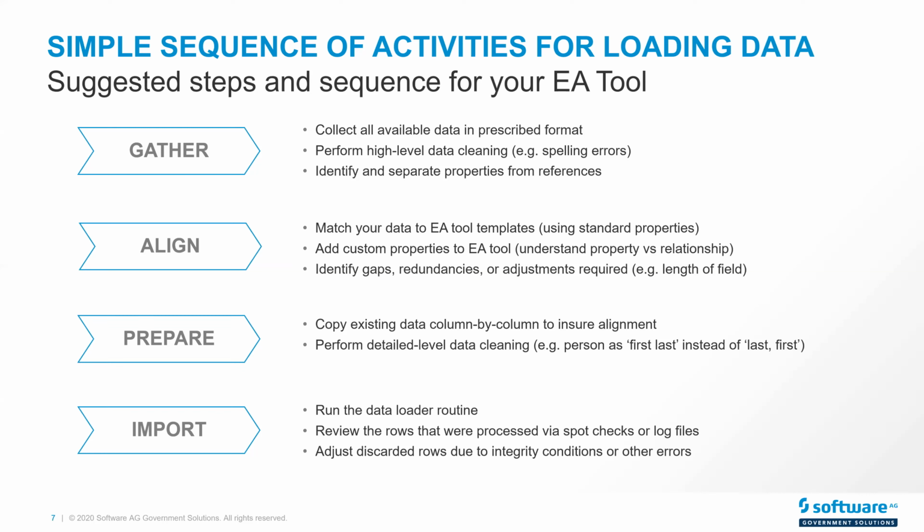Now, in the preparation phase, what we're going to do today is demonstrate how we're going to use Excel to actually load data into Alphabet. We're going to copy data column by column to ensure the alignment of customer needs to actual EA tool storage locations. And then we'll do some additional data-level cleaning with spot checks.